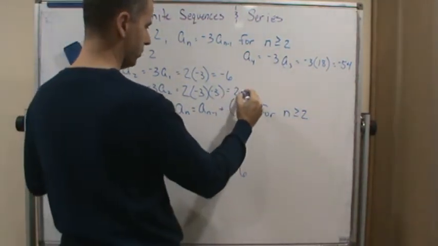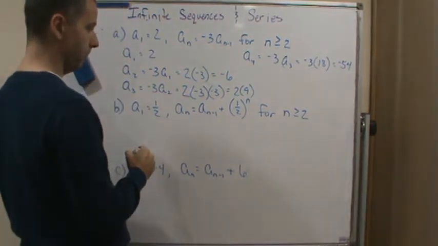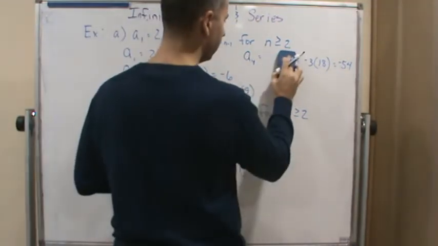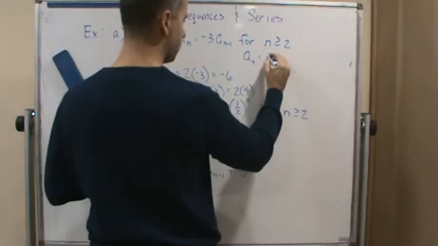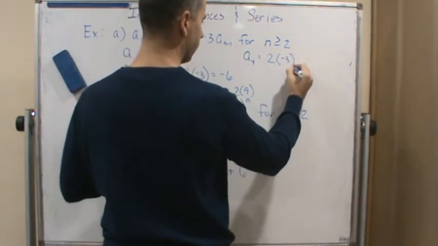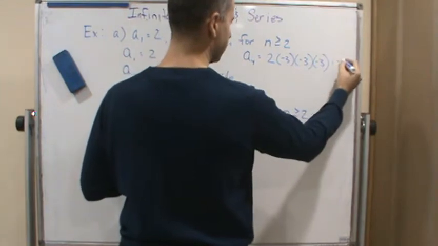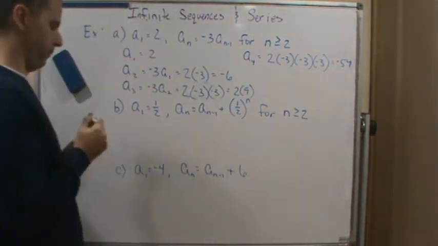Which equals 2 times 9. And then this one here can be rewritten as 2 times negative 3 times negative 3 times negative 3 equals negative 54, because this is negative 27 times 2.